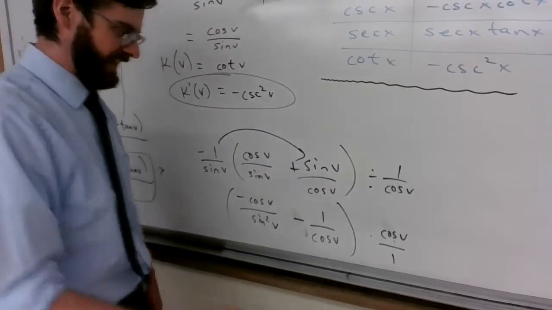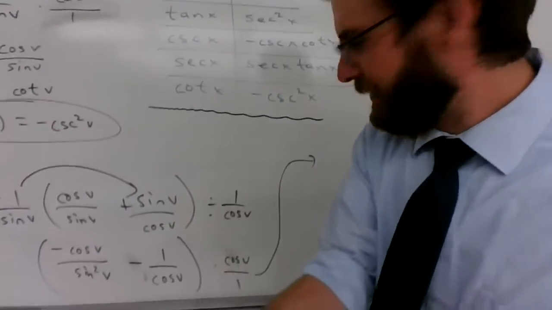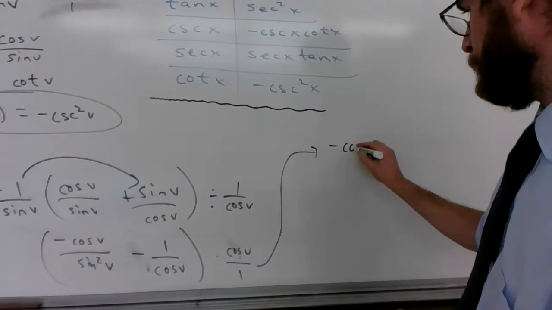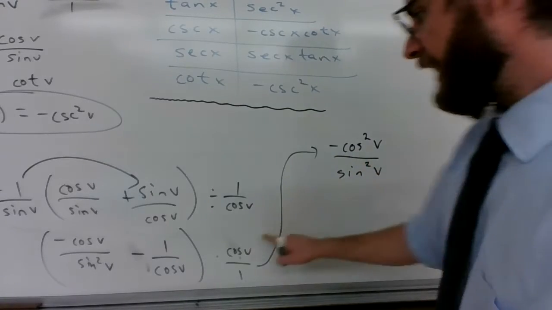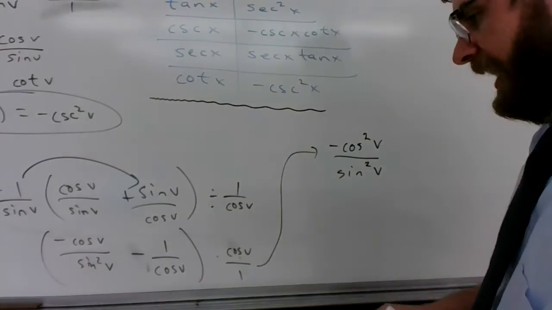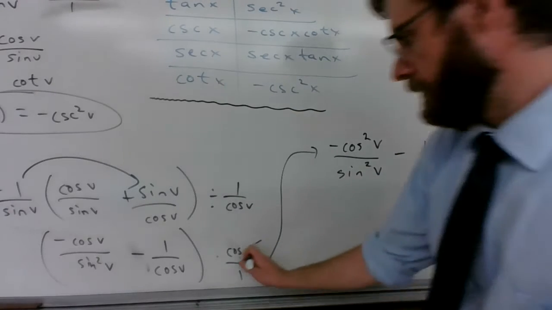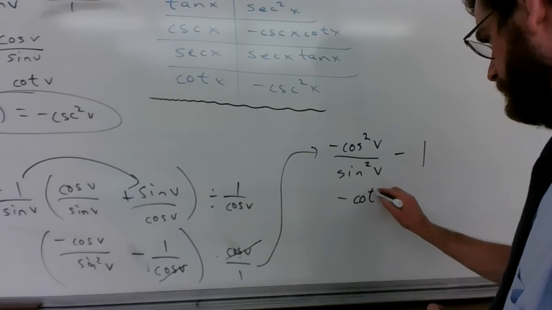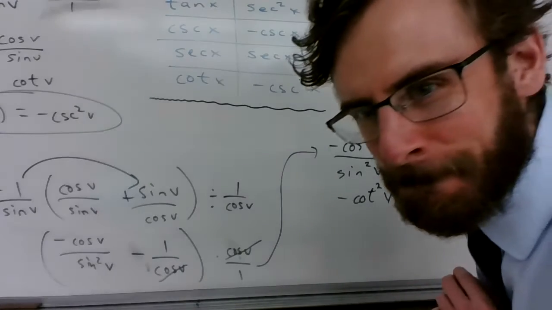I guess we're going to keep going with this, huh? I know. I get going on these things and I just don't stop. Multiply it through, you get negative cosine squared over sine squared. And then these cancel out. And that's a minus 1, because these canceled. All right, that's cotangent. And then, okay, Pythagorean identity.